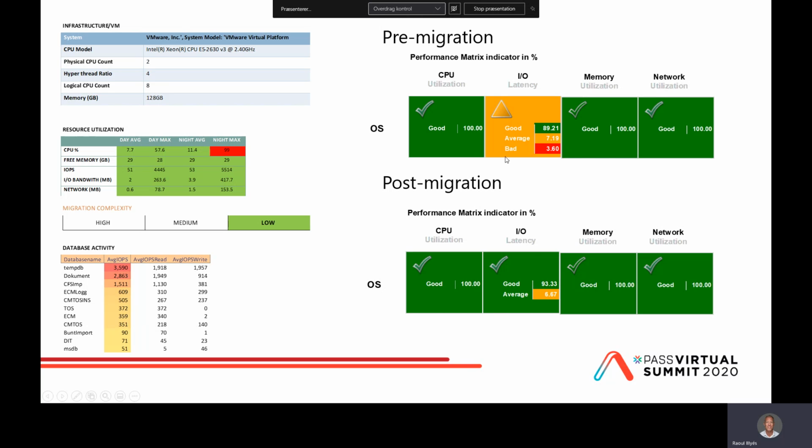And in this very example, you can see that before we did the migration of an application, we had some warnings regarding I/O latency. After we did the migration, that is no longer the case. Again, something that is very appreciated within the organization, and it creates a lot of value for the migration project itself, and it's something that I would highly recommend that you adopt as part of your migration project as well.